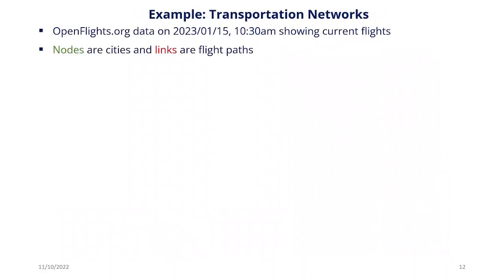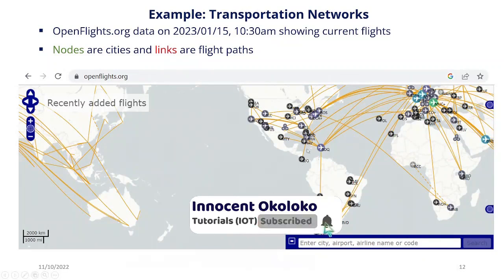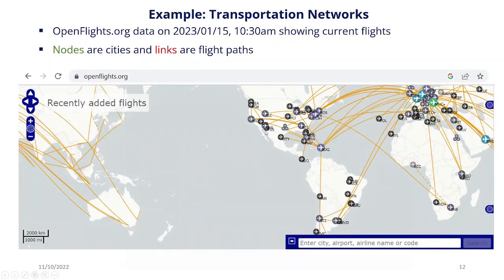Then we also look at transportation networks. If you go to openflights.org, you are going to see a diagram like this showing the current flight paths of what is going on in the airspace in the world at that moment. The nodes you see here, which are the dots, represent cities, and the links connecting them are the flight paths that aircraft must take or are taking to their destination.